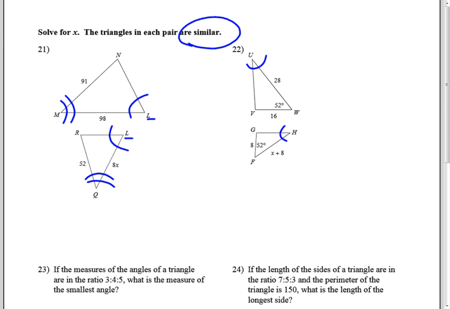Since we're being told it's similar, we can jump right to the proportion. 91 goes with 52. 98 goes with 8x. X turns out to be 7.